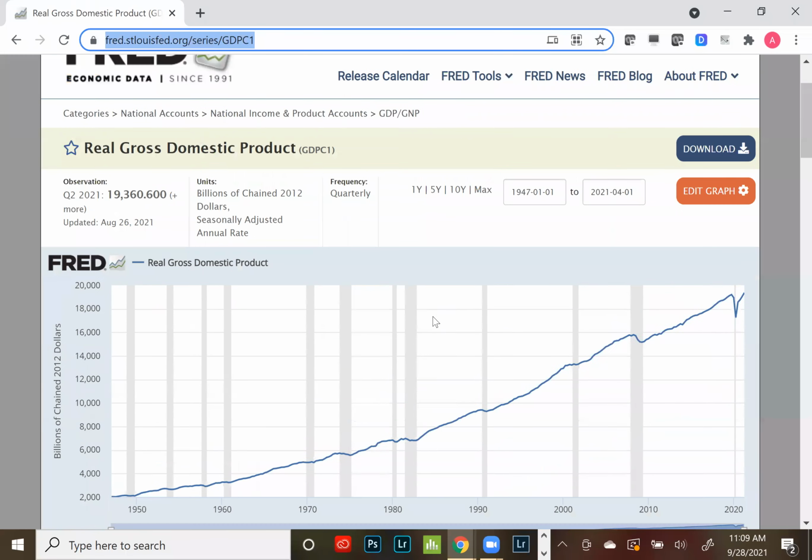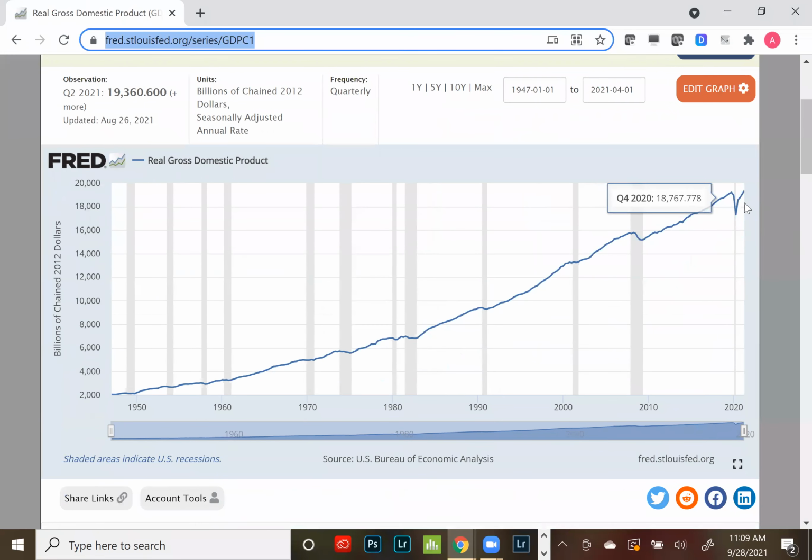But by the way, let me go back here for a second. Let's say here we're up around 20 trillion. Here we're at 6 trillion. Now that's 40 years ago, but still the economy has more than tripled in 40 years. That's a lot of growth. In fact, I'm going to take out my calculator and see what that averages out to.